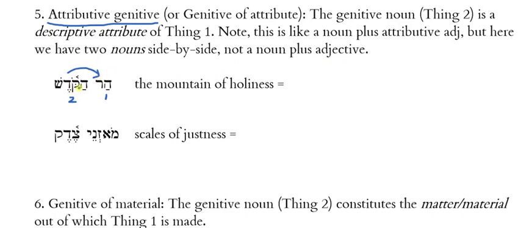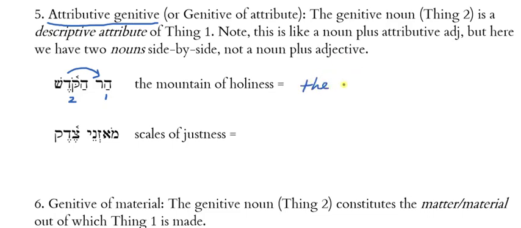Now, the genitive noun is thing 2. And with attributive genitives, what we're saying is that thing 2, that noun, represents a kind of attribute of thing 1, a descriptive quality of thing 1. So in this expression, literally I have Har HaKodesh, the mountain of holiness. What does it mean to speak of the mountain of holiness?